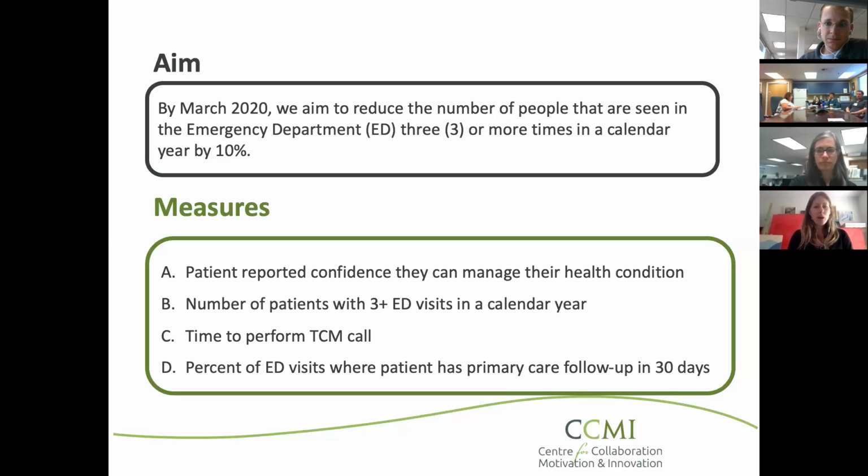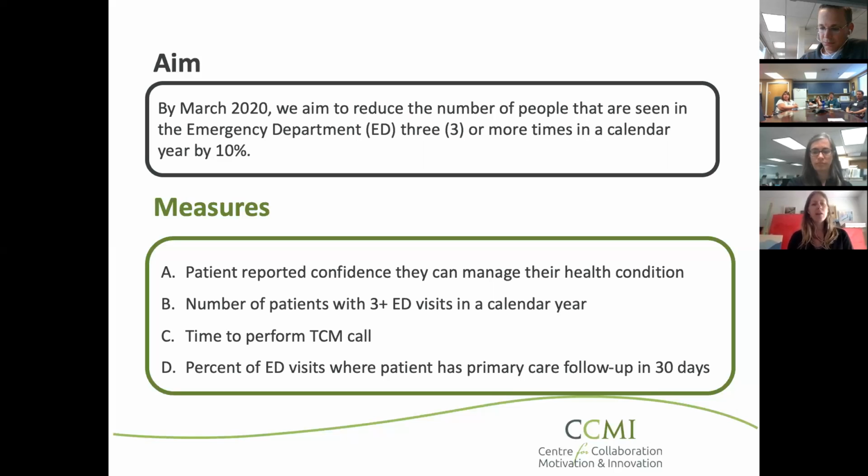So when I think about these measures, I might interpret it, and this is just my interpretation, patient reported confidence that they can manage their health conditions. So if you're trying to reduce the number of people that are repeatedly coming into the emergency department, one of the things you might look for is when people are leaving the emergency department or leaving care, that they have a high confidence that they can manage their health condition.